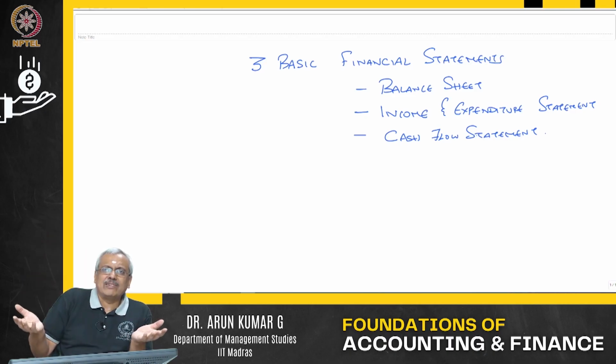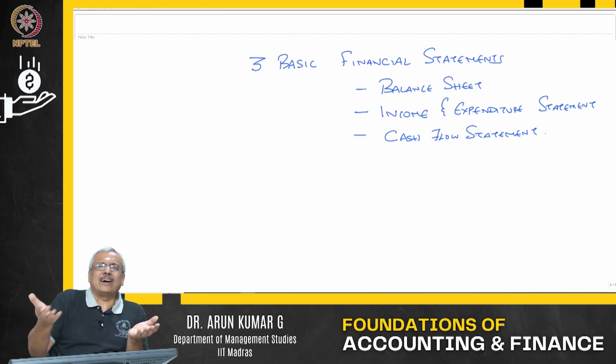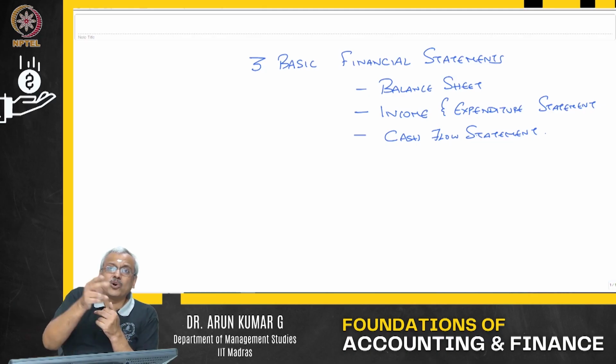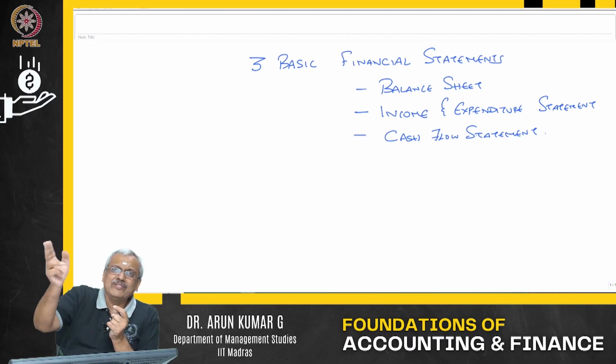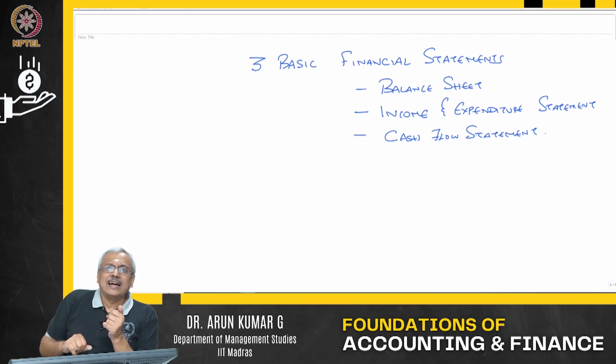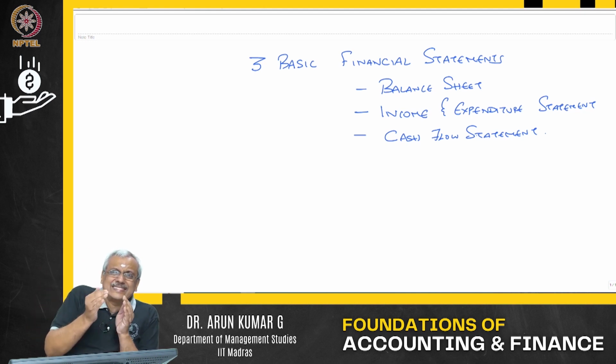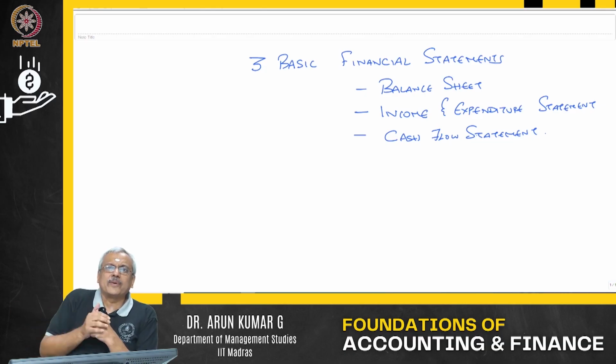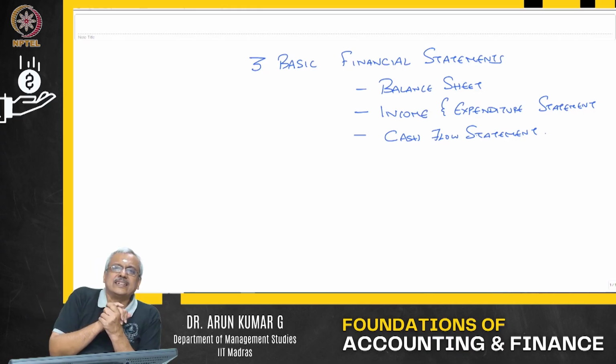That means you have lost interest for about 11 months on that money that is blocked. So you need to know when you will get the money, as well as whether you will get the money. Each stakeholder will have a different concern as far as the entity is concerned.